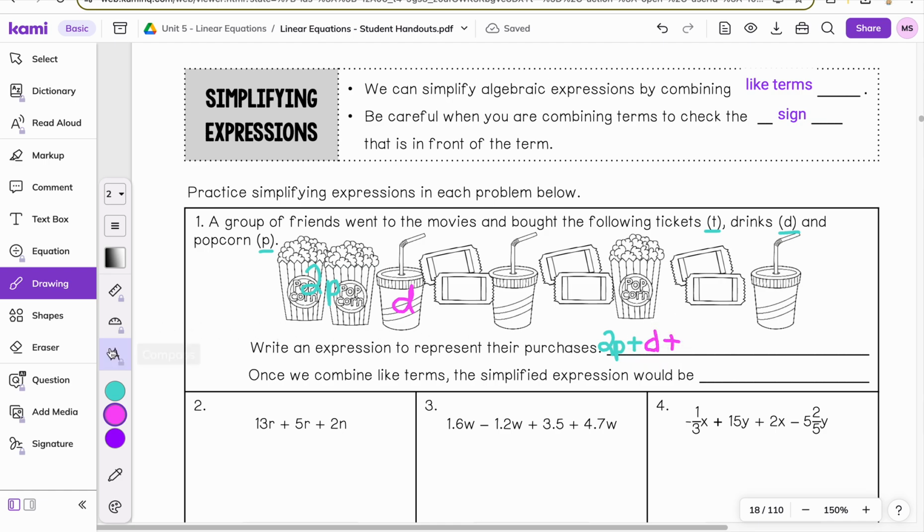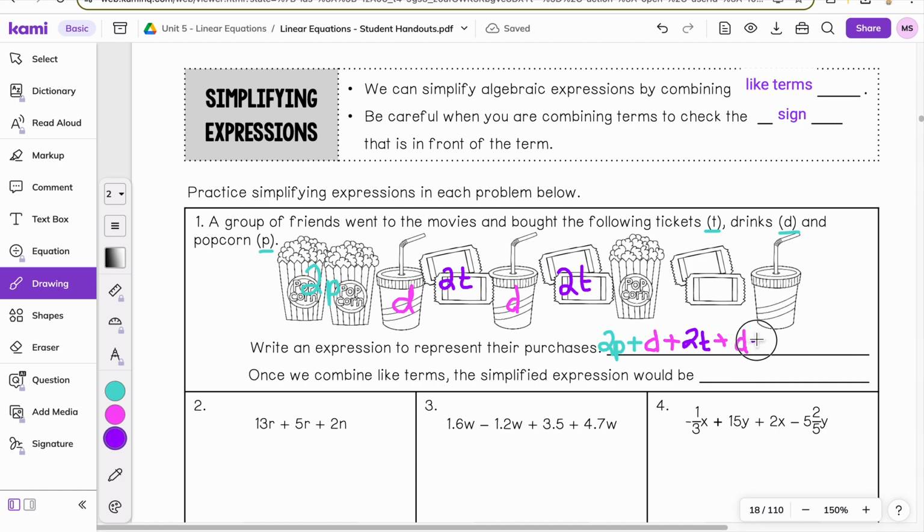Plus, what else did they buy? It looks like here we have a picture of 2 tickets. So plus 2 tickets. Then what else? Oh, they bought another drink. So plus another drink. Plus 2 more tickets in the picture, right?